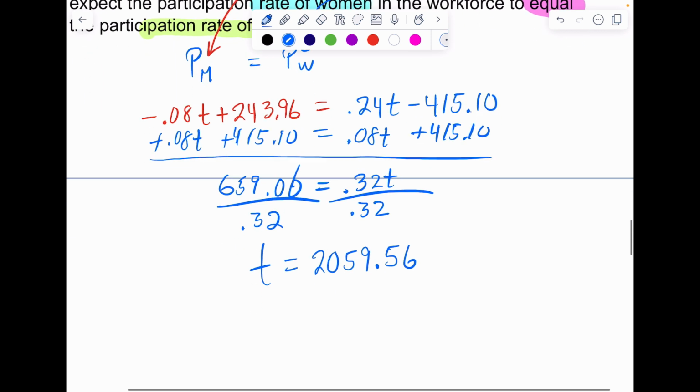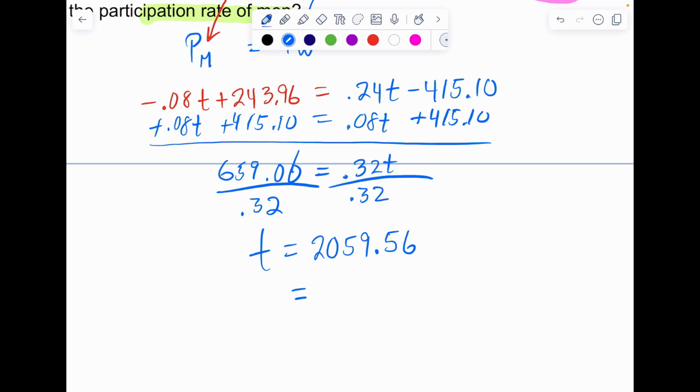So in the year 2060, approximately, there will be the same participation rate for both women and men in the workforce.